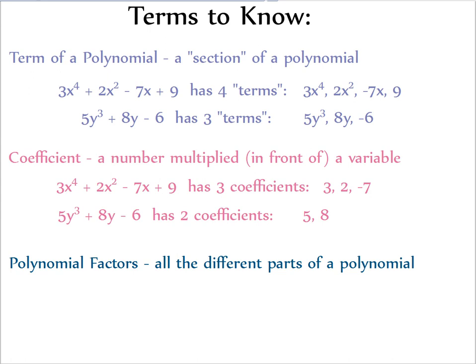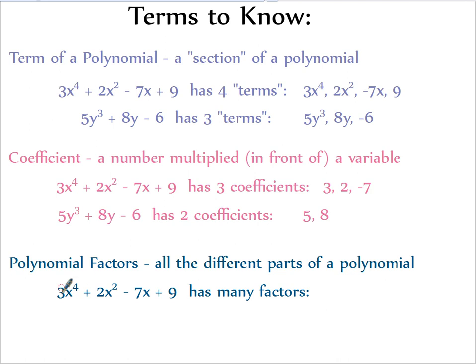Polynomial factors is our next term, and polynomial factors are all the different parts of a polynomial. Now, I have seen polynomial factors written several different ways depending on a textbook. In your textbook, they split up these terms into their own individual factors.